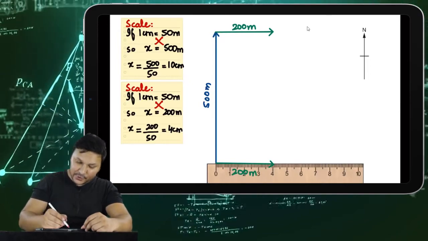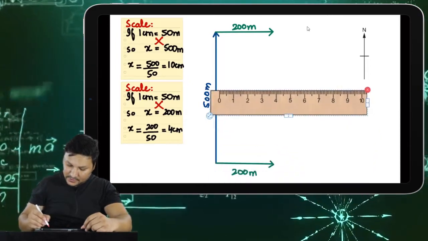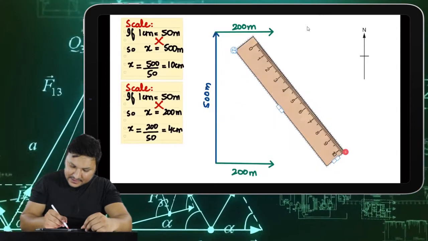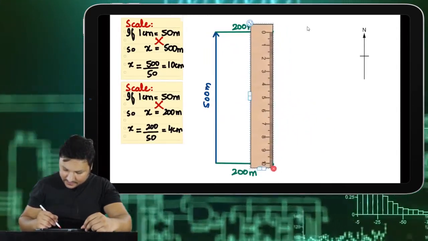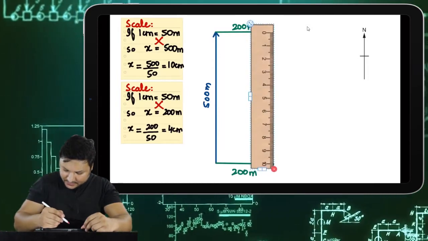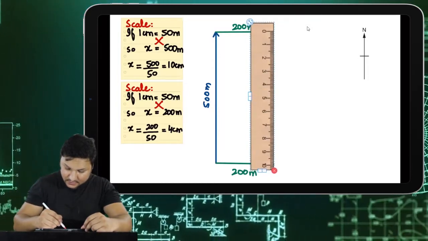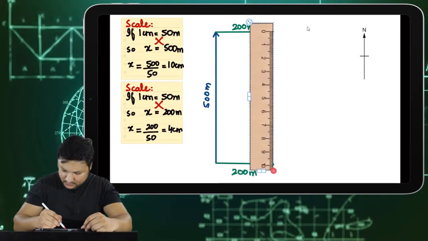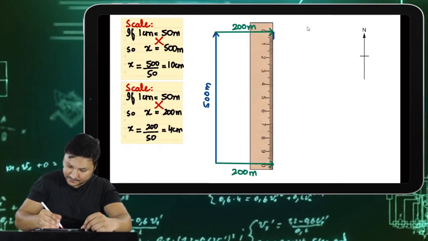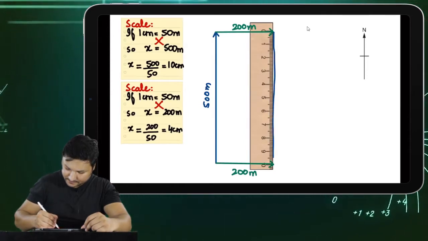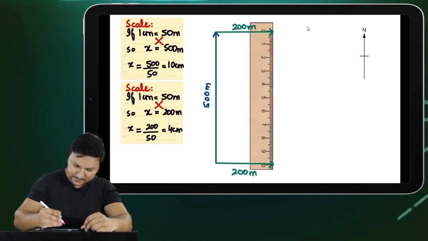Now, finally, what do I have to do? I have to adjust the scale in such a way that again I will draw a vector of 10 centimeters in such a way that the parallelogram completes.